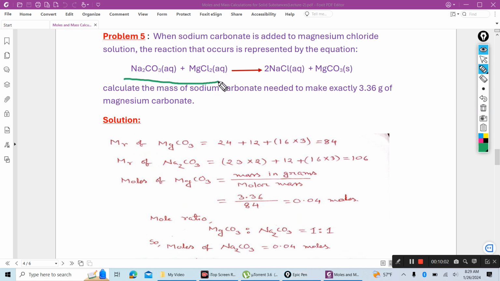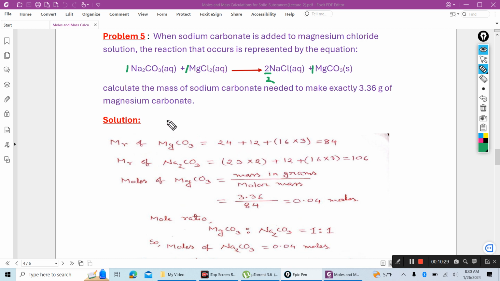You know, these are the reactants, these are the products. And now the mole ratio. Here no number means 1 mole. 1 mole sodium carbonate reacts with 1 mole magnesium chloride to produce 2 moles of sodium chloride plus 1 mole of magnesium carbonate.